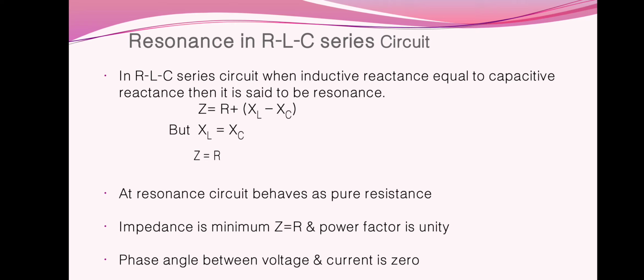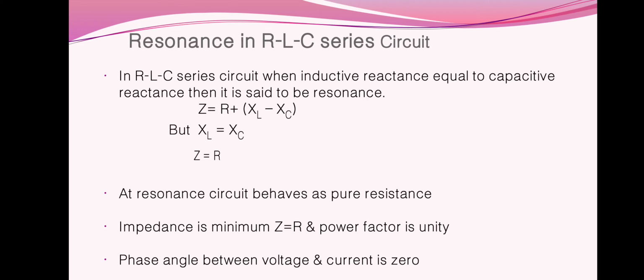Means XL equal to XC. So here we are writing Z equal to R plus J XL minus XC. So here XL equal to XC, so both will get cancelled, XL minus XC equal to 0. So Z equal to R. At resonance circuit behaves as a pure resistance.